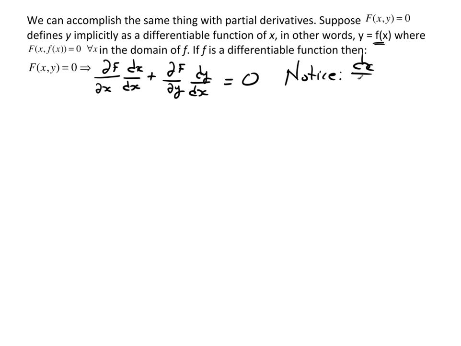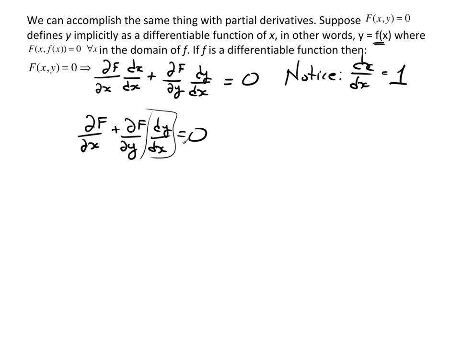Now notice that dx dx is equal to 1. Well, in that case, what I actually have is the partial of F with respect to x times 1 plus the partial of F with respect to y times dy dx equals 0.